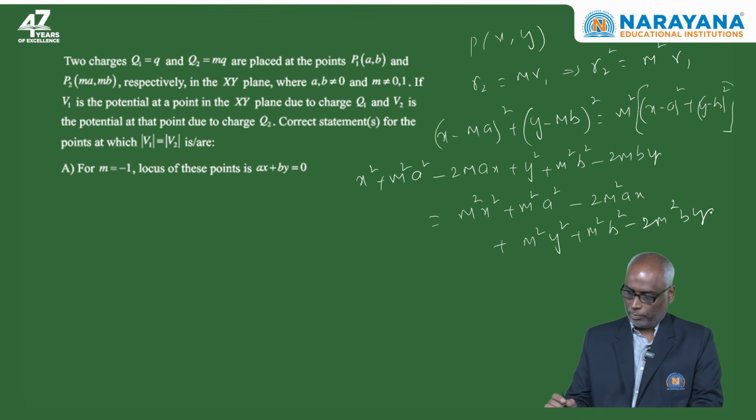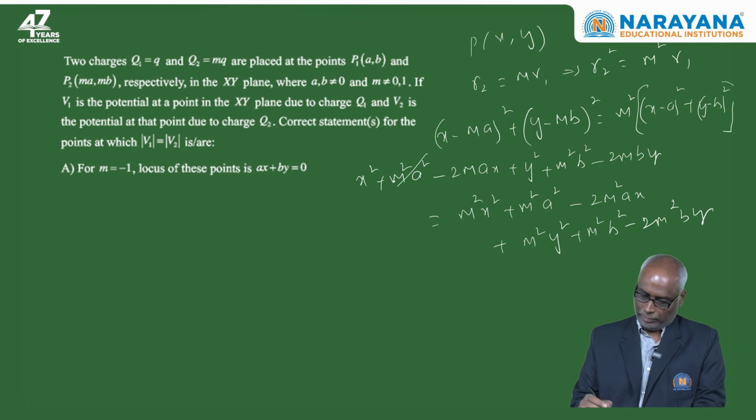Let us cancel the common terms on both sides. m square a square and m square b square will get cancelled.